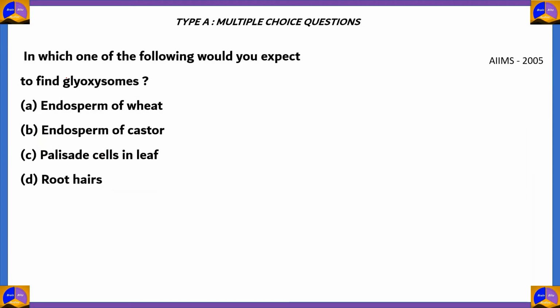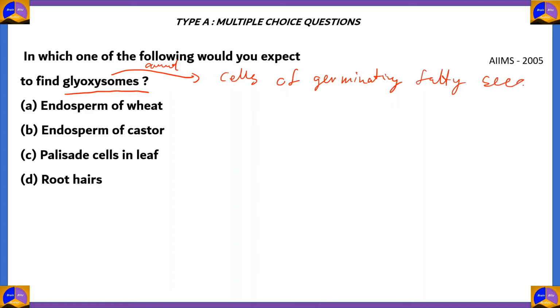Next question. In which one of the following would you expect to find glyoxysomes? Is it A, endosperm of wheat, B, endosperm of castor, C, palisade cells in leaf, and D, root hairs? So glyoxysomes are found in cells of germinating fatty seeds.